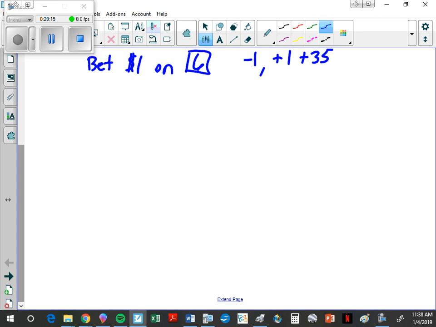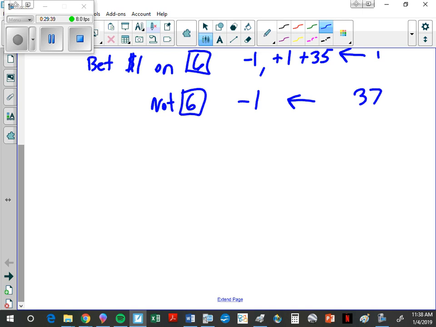What if it's not 6? Then I lose my dollar. How many ways are there to get that payout? 1. How many ways are there to get this payout? 37.